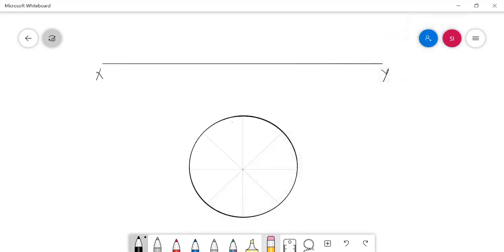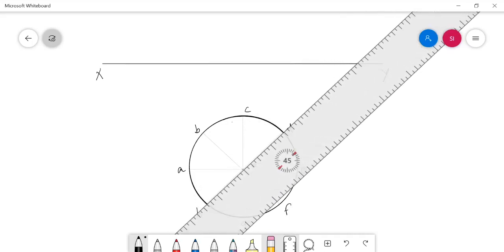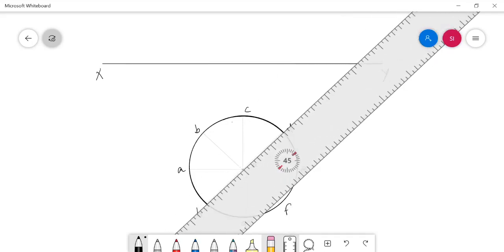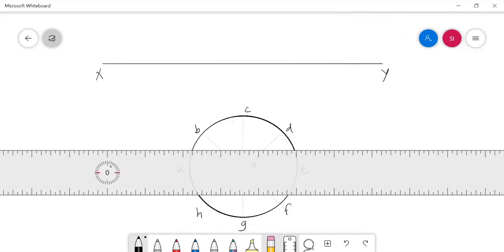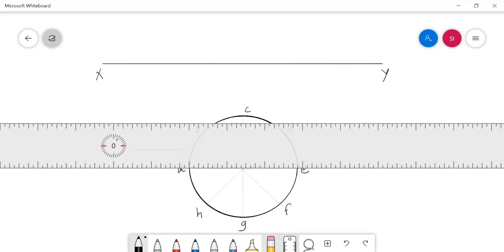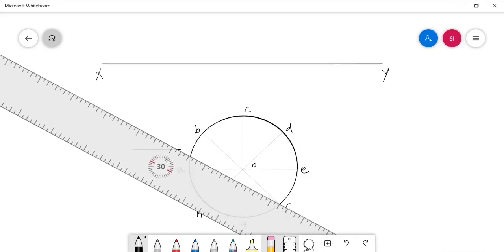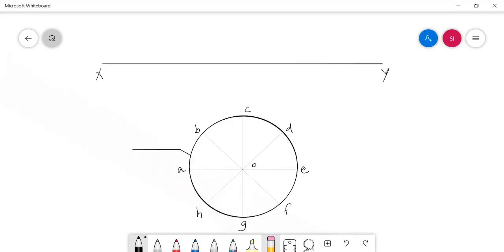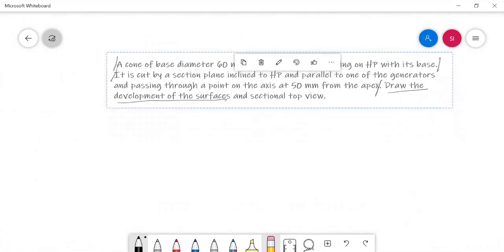Completed. It is a cone. So I need to mark the base generator points as well as the apex point. The diameter of the solid given as 50 mm. It's 60 mm.